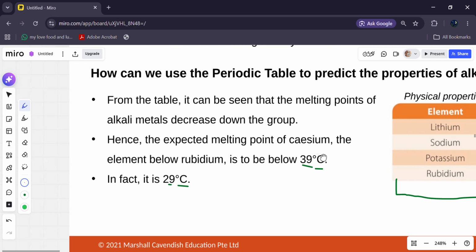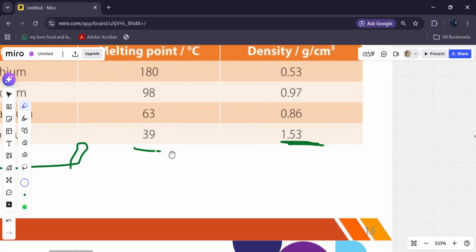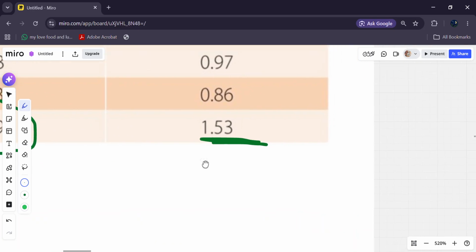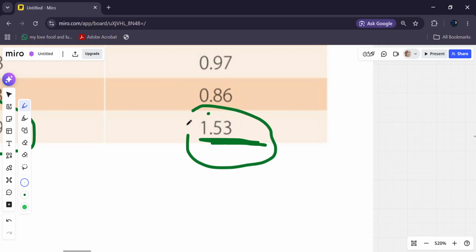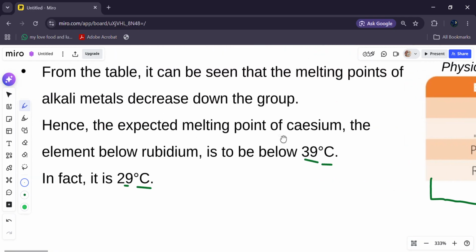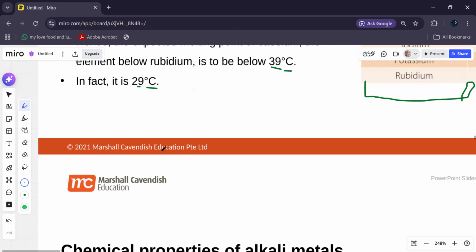Since caesium is right below rubidium, it should have a lower melting point than rubidium and a higher density than rubidium. And this is how Mendeleev was able to predict some of the elements in the periodic table.